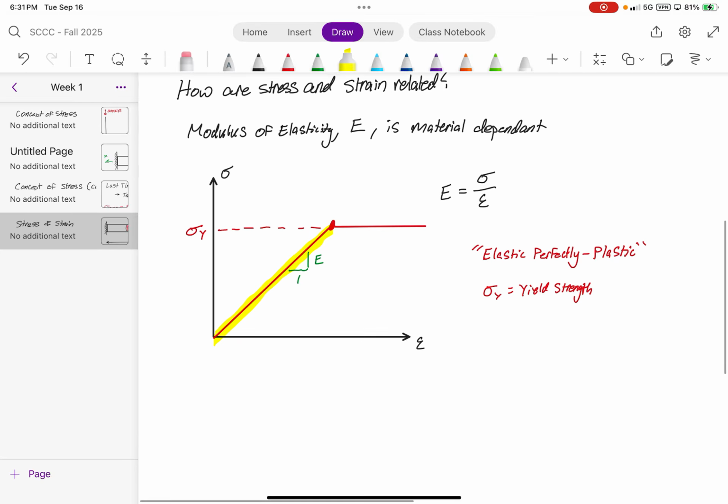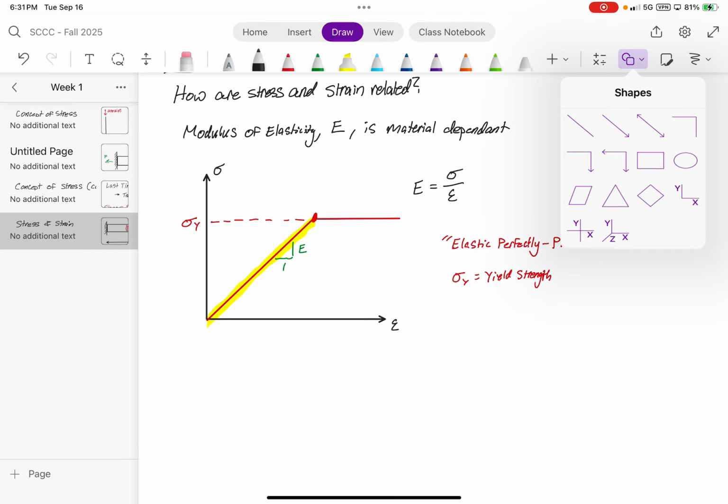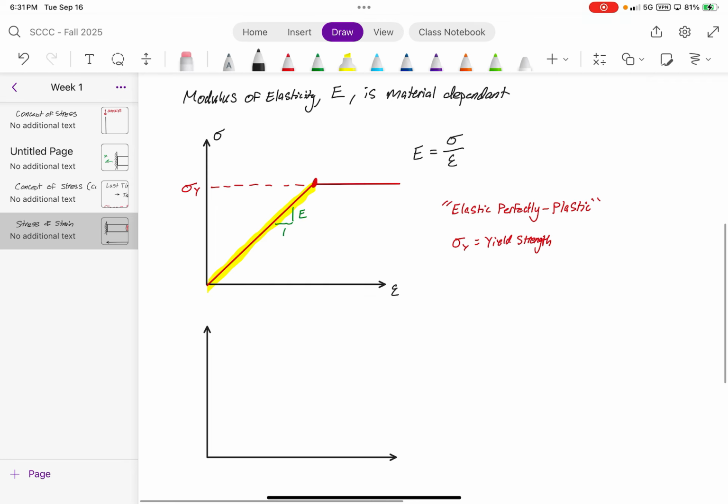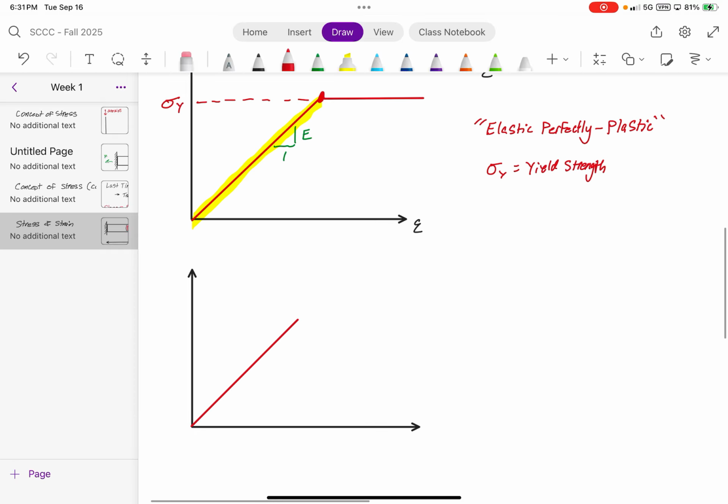Now, we have other types of diagrams too. We can have other ones for steel, for example. Steel is a very unique one. I'm not 100% sure, but steel has this thing where it kind of curves and then it kind of just blows up until it fails.